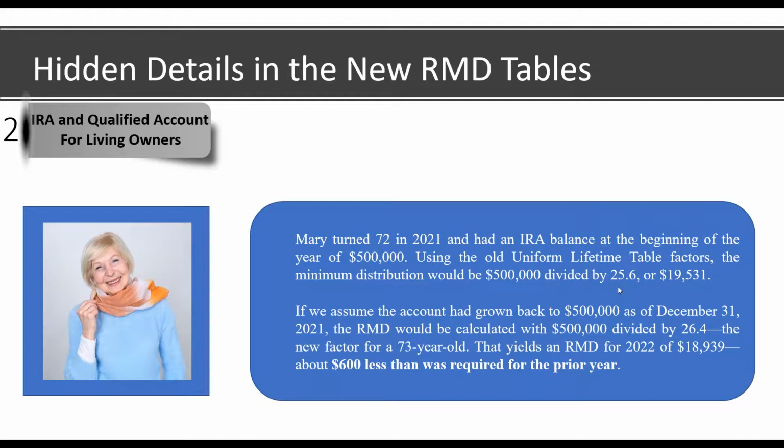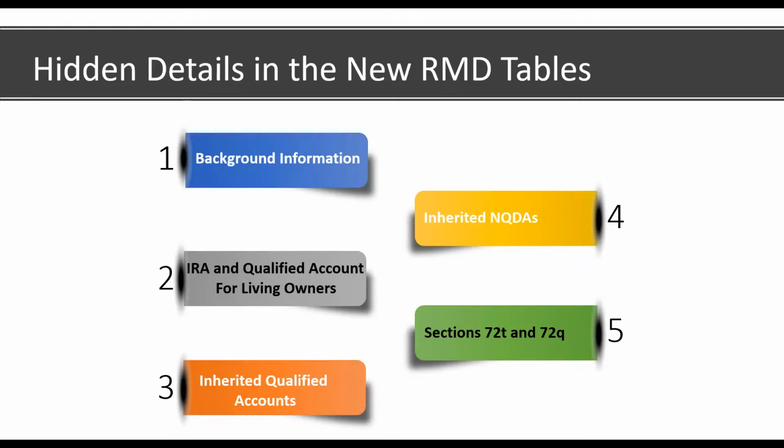And so if you're looking for a reason to contact people that are taking RMDs, this would be one to give them a heads up that this year's RMD might actually be less than what last year's RMD was, and that may be different from their experience in the past. So anyway, that's how it might affect the living owner of an IRA account.